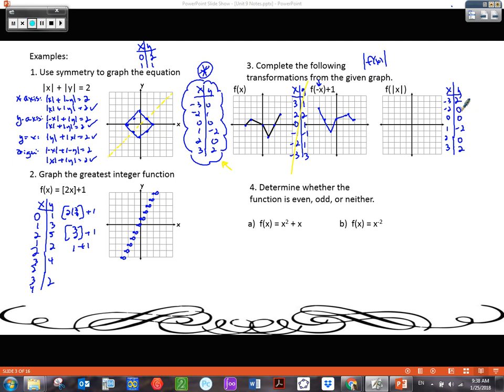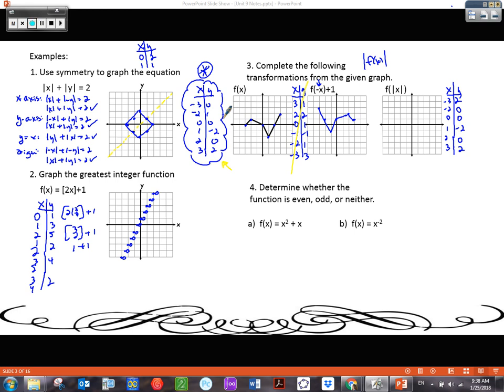Now, because this is a weird graph, it's not my original graph, I may not have a complete picture over here on the left when I plot these points. So let's plot the points and see what happens. Again, I may not have a complete picture because I don't have all integers on here, do I? I'm missing -1, so there may be some issues at -1 that we're going to have to work through.